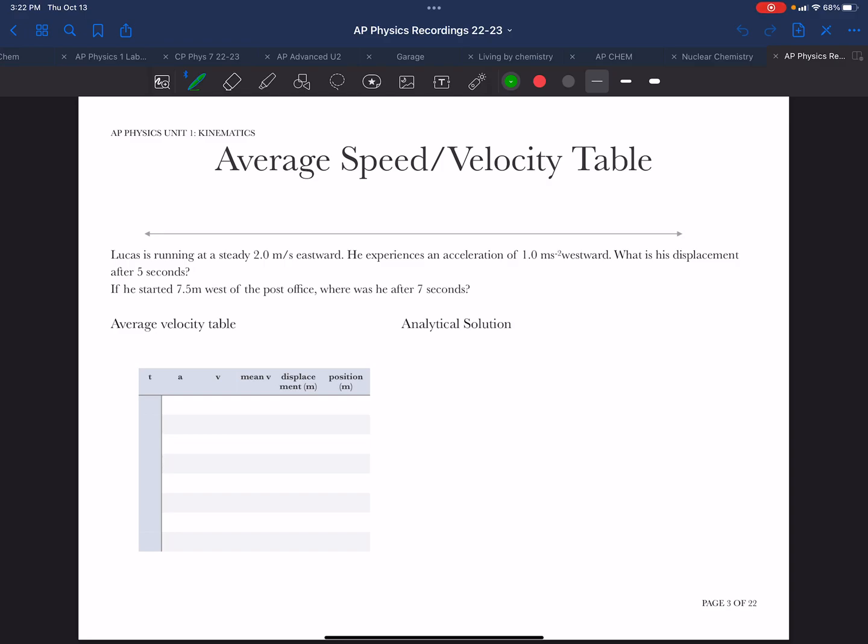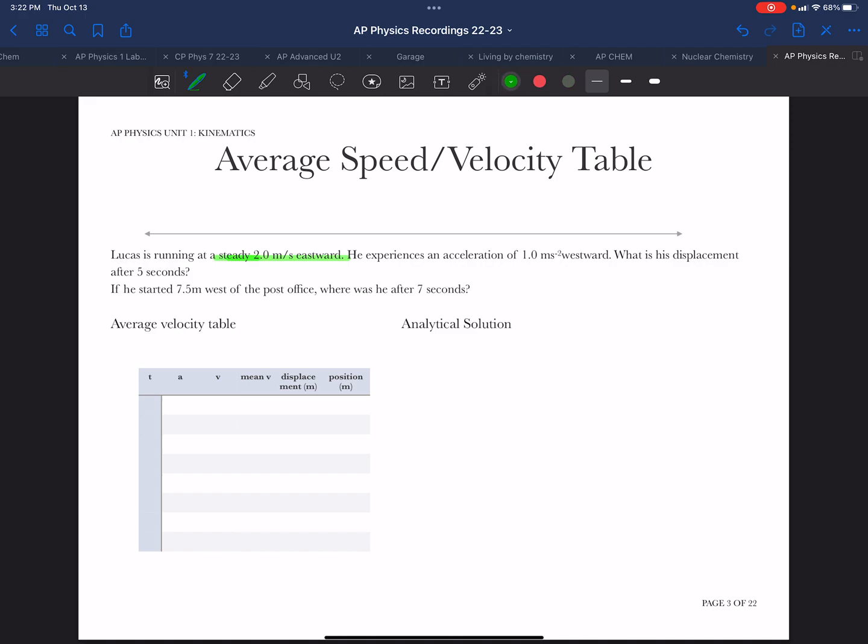Hello, in this installment we are going to use our average velocity table and analytical solutions to understand a horizontal acceleration problem. So we have a situation where Lucas is running at a steady 2.0 meters per second eastward.